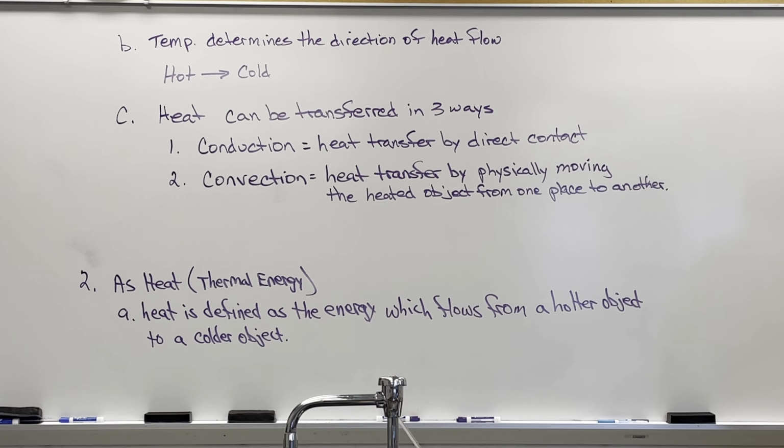Now that water that's going through there eventually gets warm. So they have to, again, by convection, pump it all the way to where behind the gym and the cafeteria over in that corner, by the practice football fields and stuff, they have those big chillers. And so they're going to let that water get recooled and pumped back. And so that's all convection, physically moving the heated object from one place to another.